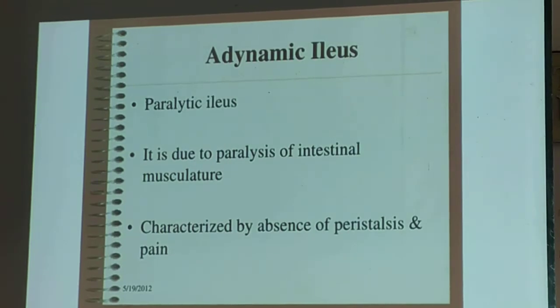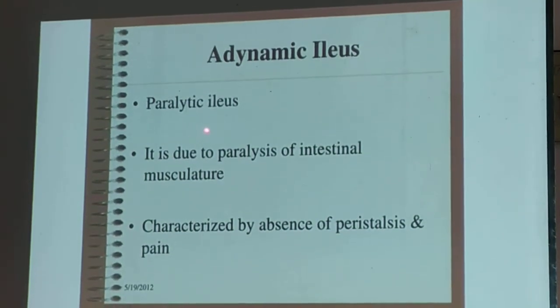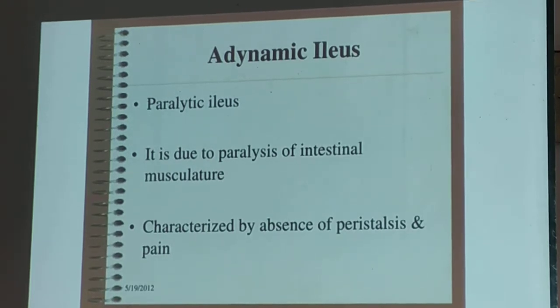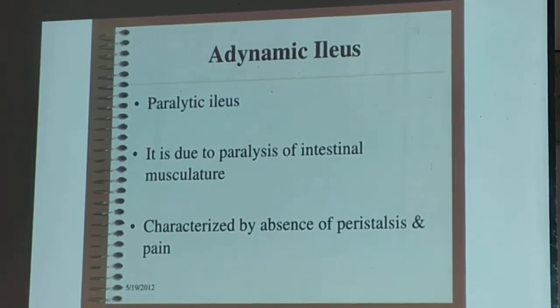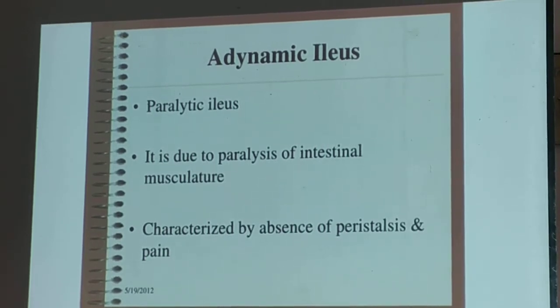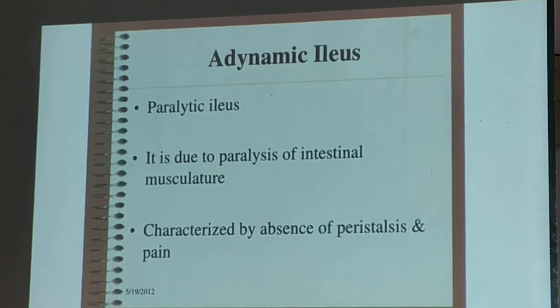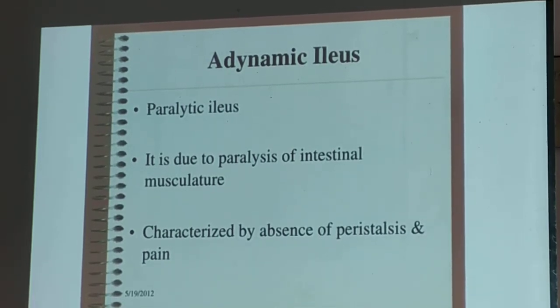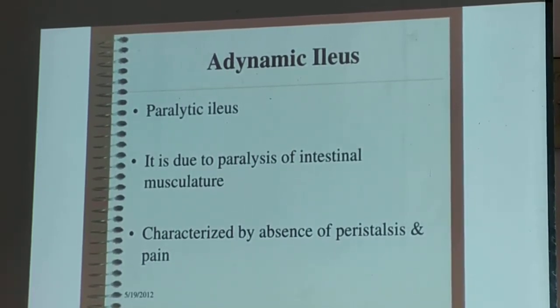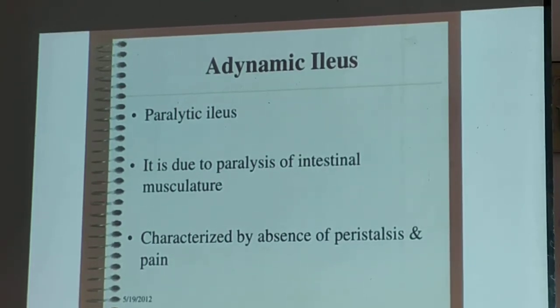Okay? So, adynamic ileus, so this is paralytic ileus. This is due to the paralysis of intestinal musculature. Okay? This is seen in the absence of peristalsis. And in any form of pain, you would appreciate ileus. Okay?